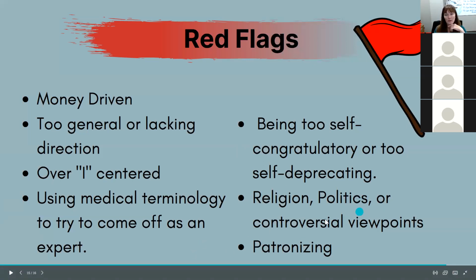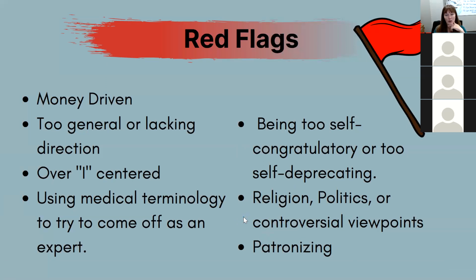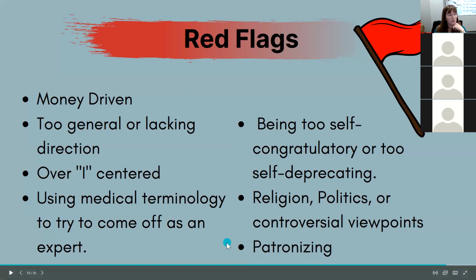You just want to be really careful here, because these are things that people can have opinions on that might sway their choice of putting you into the interview round, whether that's fair or not. And so I think the best practice is just to try to steer clear of going too detailed into these controversial topics or viewpoints.